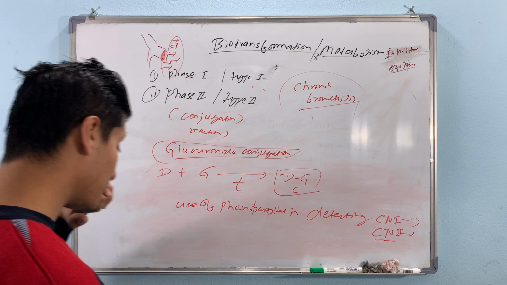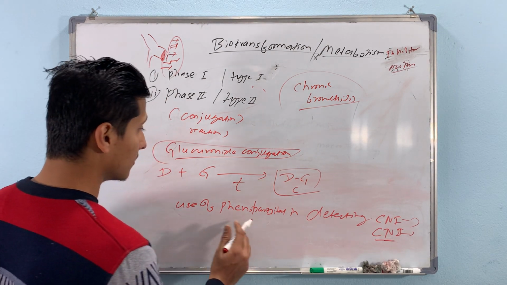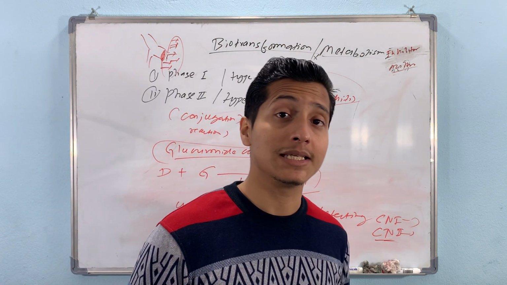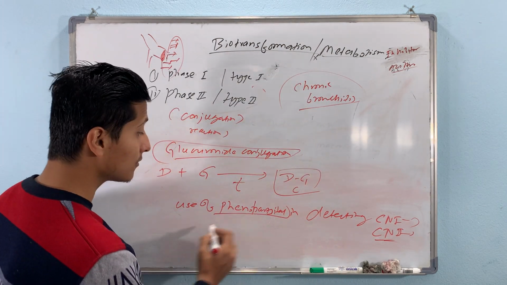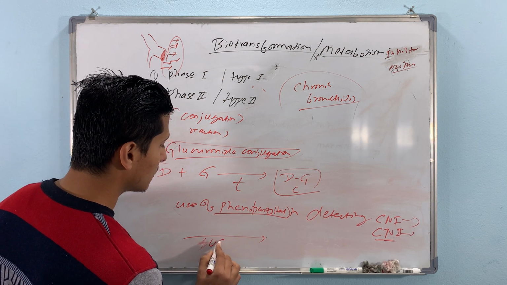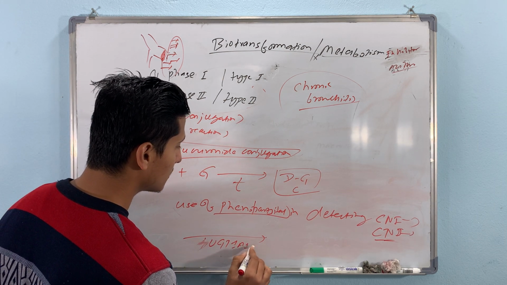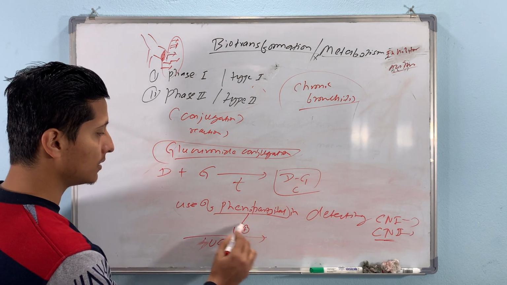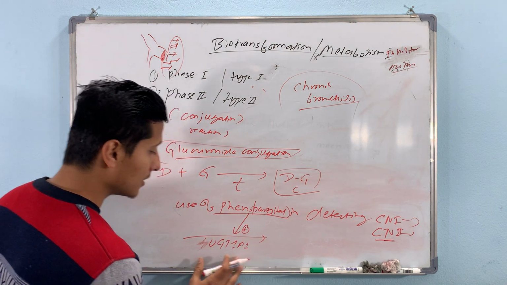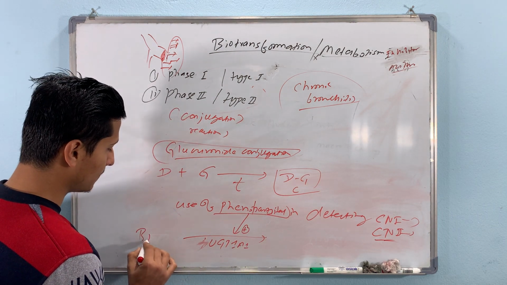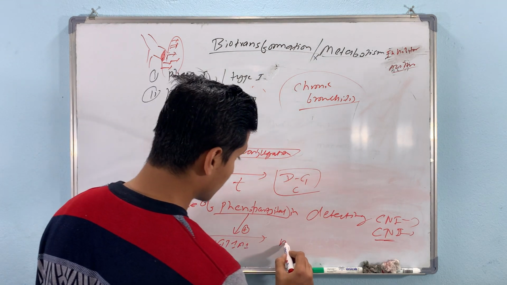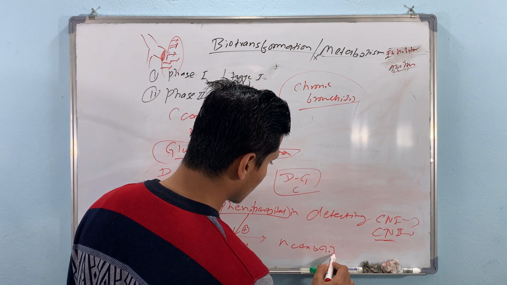Phenobarbital is not only an inducer of the cytochrome P450 enzyme, but also an inducer of the transferase UGT1A1. So phenobarbital induces this enzyme, more enzyme is produced, and more bilirubin gets changed into metabolite.